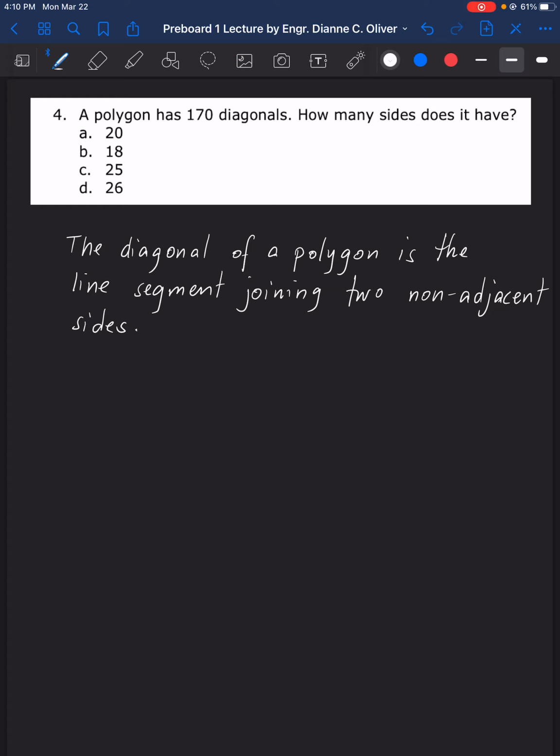We need to take note that the diagonal of a polygon is the line segment joining two non-adjacent vertices, and the formula for it is: the number of diagonals is equal to n, the number of sides, times n minus 3, all over 2. From the given, we have 170 diagonals. We are looking for the number of sides, so what's the value of n?